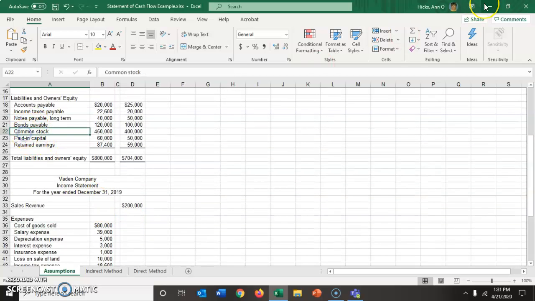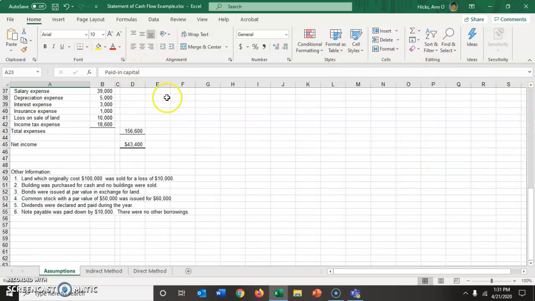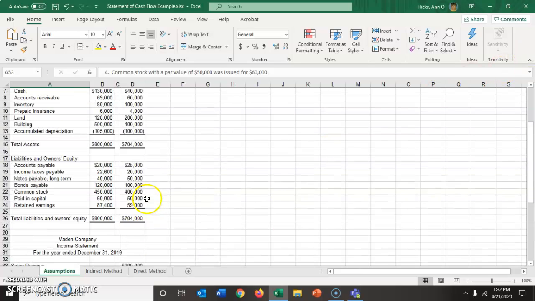We'll look at the equity section. And we see common stock went up by 50,000 and paid-in capital went up by 10. Again, moving down to the other information, what they tell us is that common stock with a par value of $50,000 was issued for 60. Well, that bears out what we see here because we know that common stock is going to increase by the par value of any issuance, which would have been the 50,000, and paid-in capital would increase by the difference.